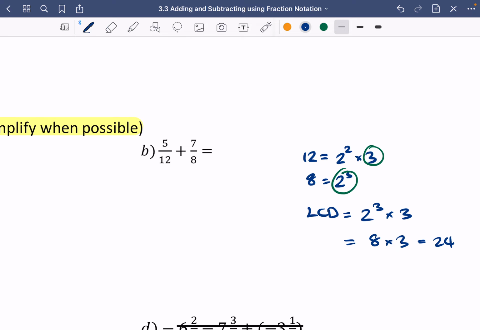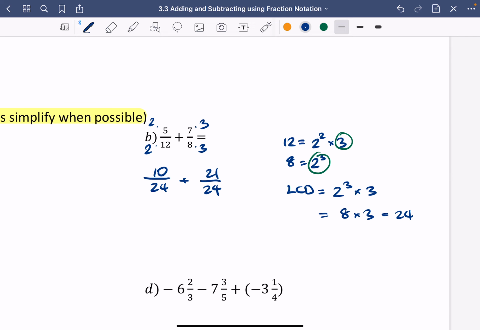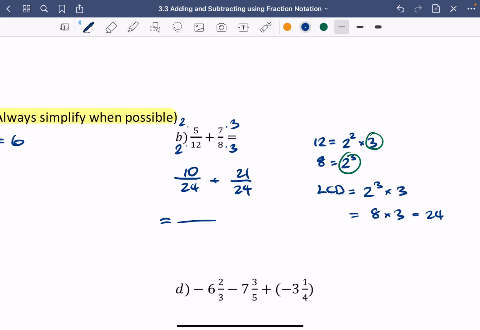Okay, so I need to change these two fractions to over 24. So 12 times by 2, so I need to multiply the 2 to the top. 8 times by 3, and then multiply by 3 as well on top. So that's 10 and 21. So 10 plus 21 is 31. So 31 over 24 will be our final answer.